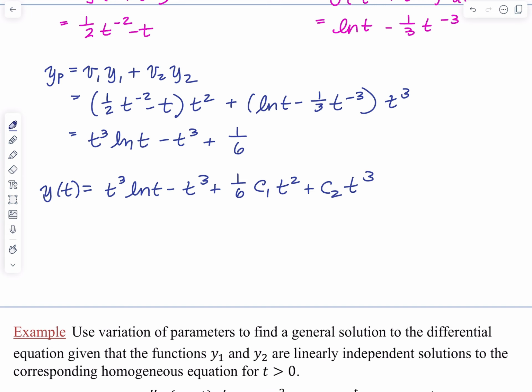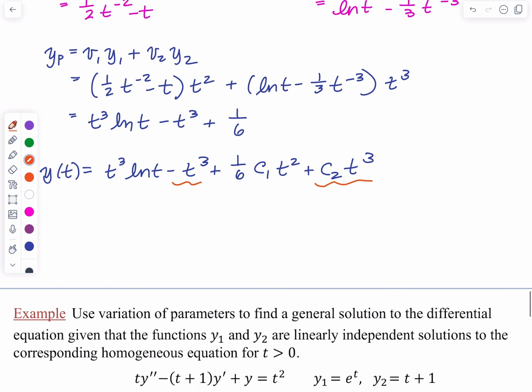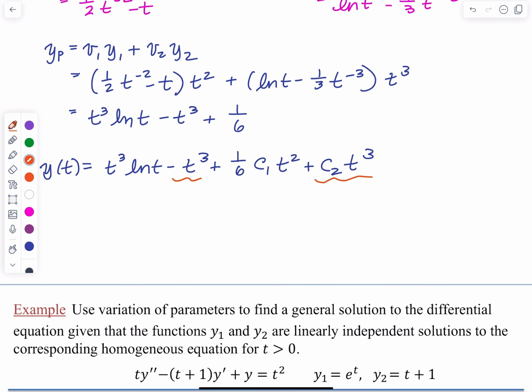And if you'd like, we could actually put these terms together here. So we could have c3 equal to c2 minus 1.